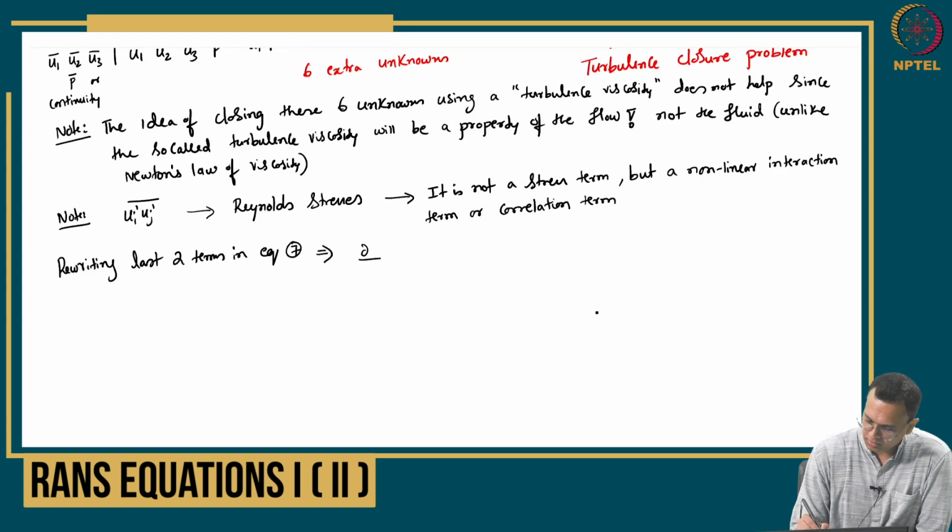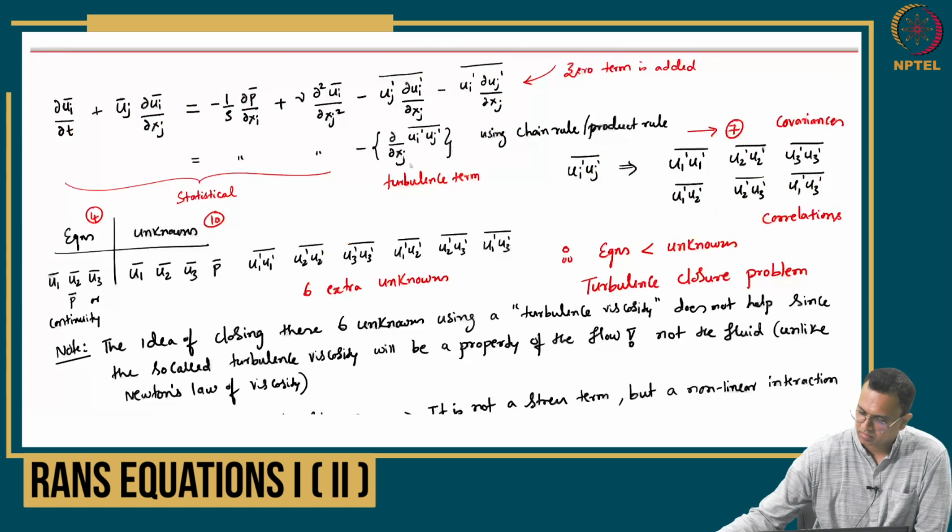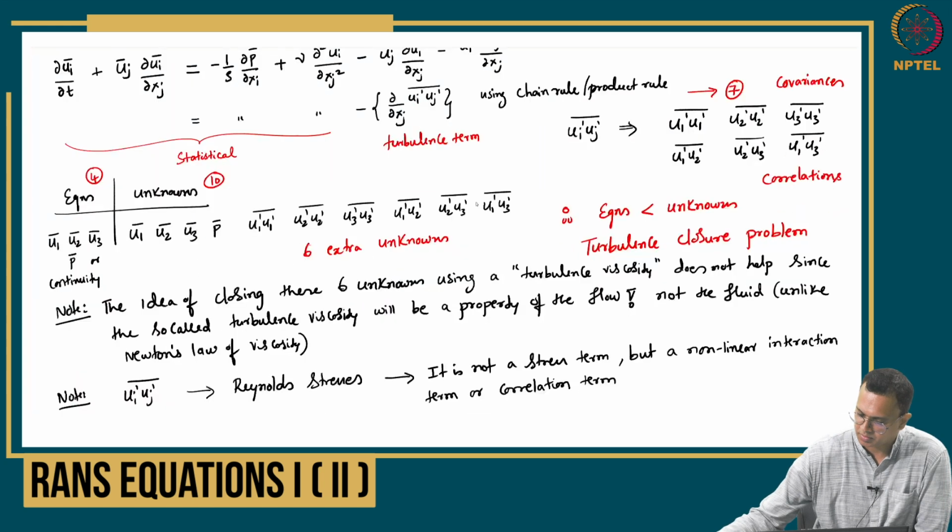I can write this as d by dx j of mu by rho d ui bar by dx j, right, this particular term, and this one.